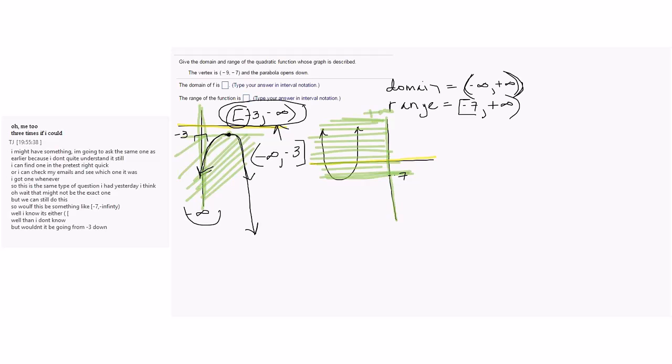On the graph, yes, I'm reading from -3 down to -infinity, but in interval notation, you always want to write it with your smallest number first, your most negative number first.